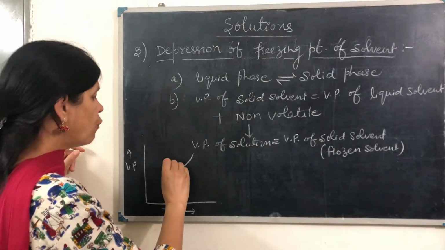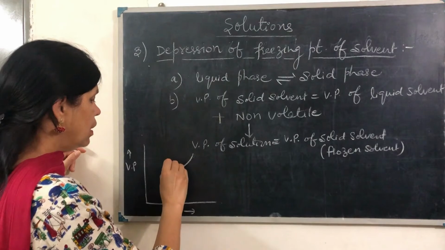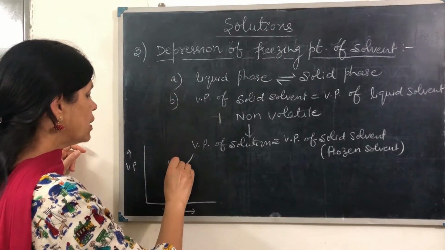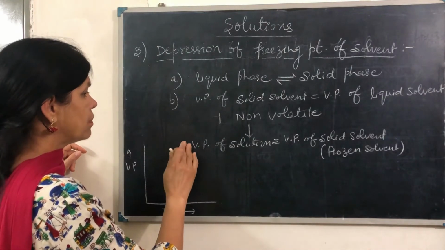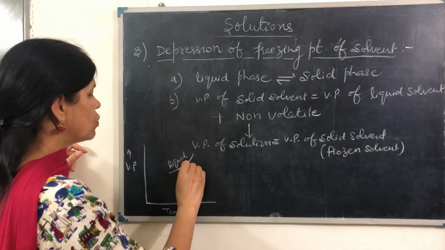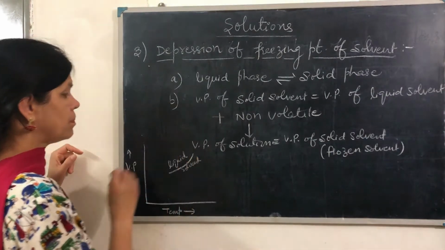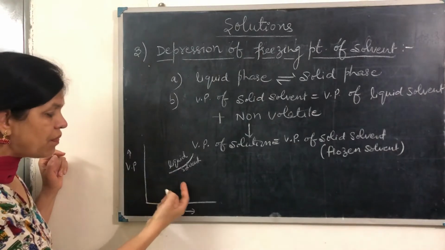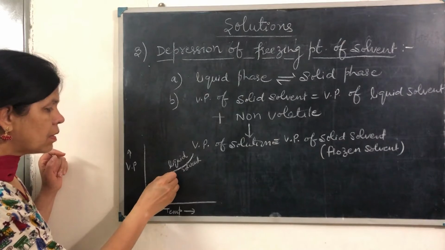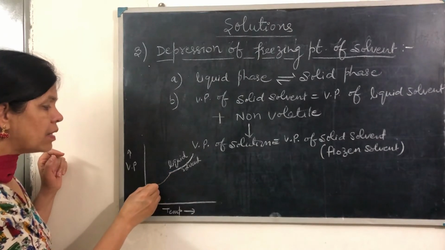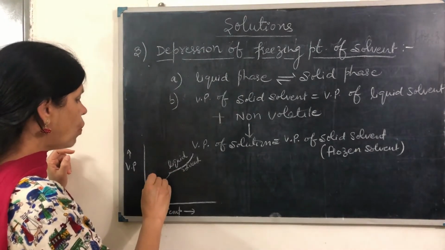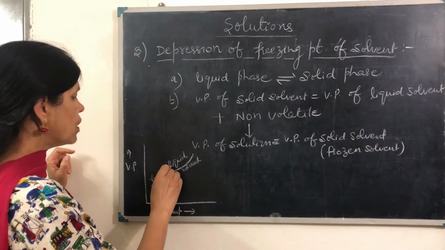This is the graph of pure solvent which is in the liquid state. So I'll say this is liquid solvent. Afterwards, if I further decrease the temperature, it will change into solid state, and this will be written as solid solvent or frozen solvent.